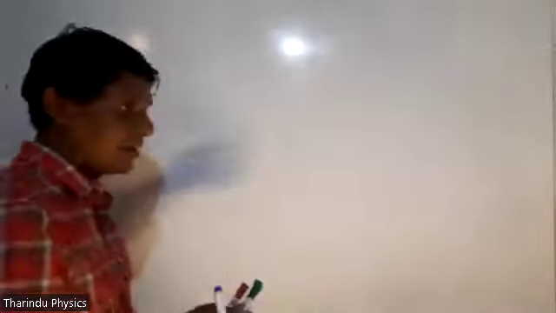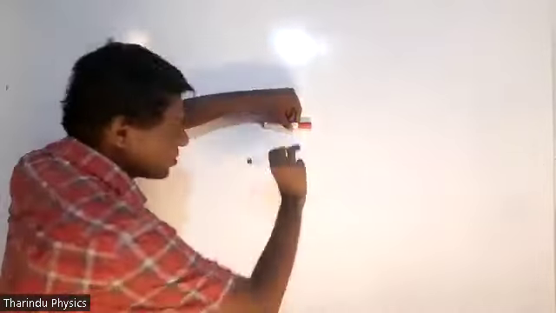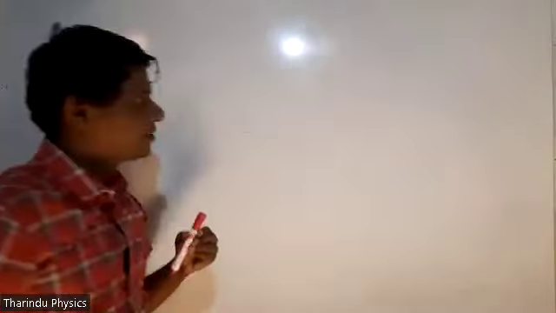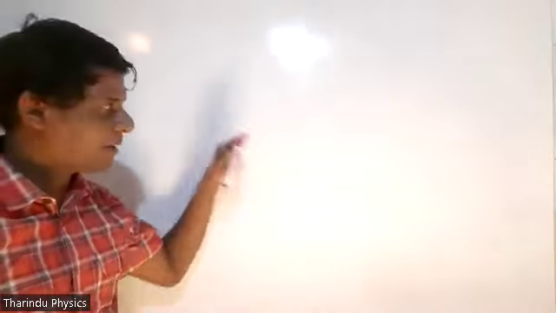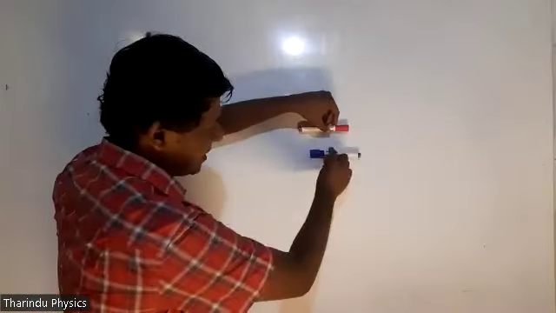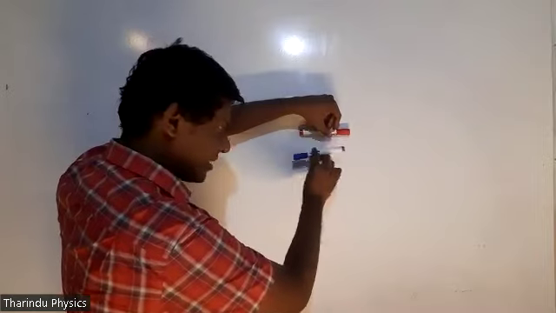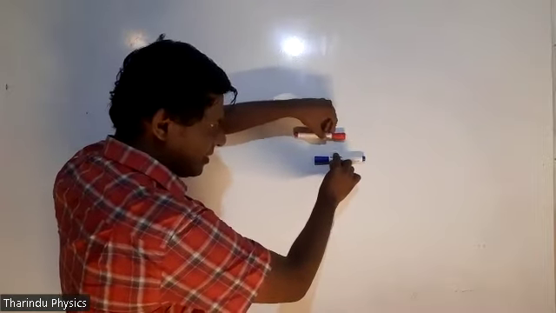Coplanar means, have a good look, there is one vector. This vector is also in the same plane, in the same direction. So we used to call them coplanar in the same direction, parallel to each other. See, these two are in the same plane, parallel to each other, but in opposite directions.